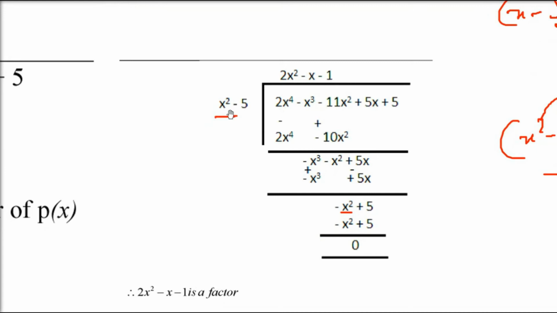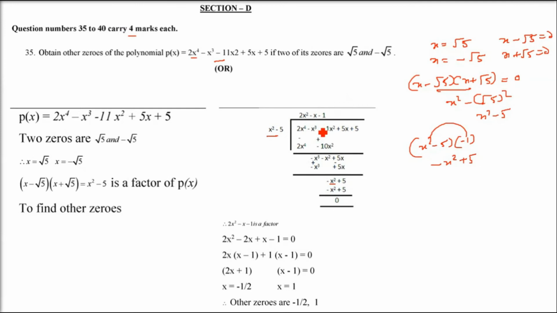That means when you divide these two, the remainder is 0. That means 2x square minus x minus 1 is also a factor because it is dividing it properly. So from 2x square minus x minus 1 we will get two factors, you can say roots, from here. So 2x square minus 2x plus x minus 1 we can write.